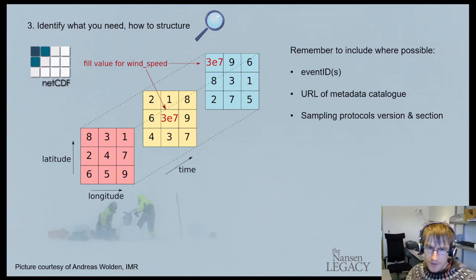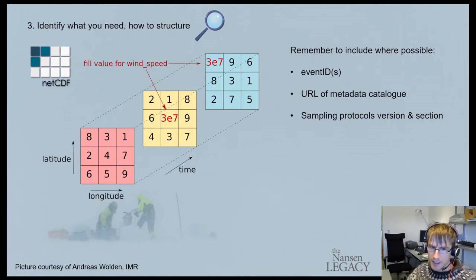And there are some things that aren't required by default by the different conventions that I'd recommend to include into a NetCDF file specifically for the Nansen Legacy project, at least where applicable. So that is any event IDs that are associated with the data set that you're publishing, and also the URL of the metadata catalog on SciOS. So this will help someone who finds a data set to also find the sample or samples in the metadata catalog.